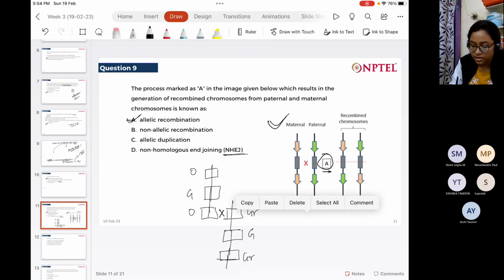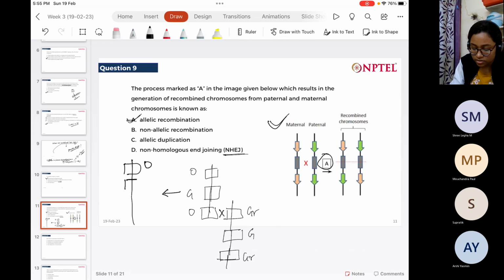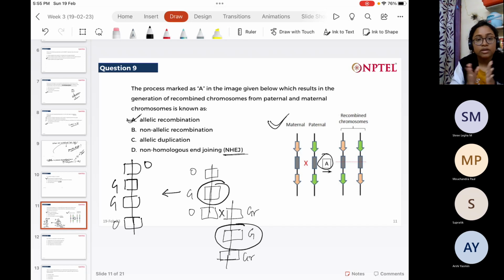then in one homologous chromosome, this is orange, and this is the resulting chromosome I'm drawing. This is a gene, this is another gene, this is another orange, right? So in one homologous chromosome, these two gene segments get combined. And in another, let me draw here what will happen.